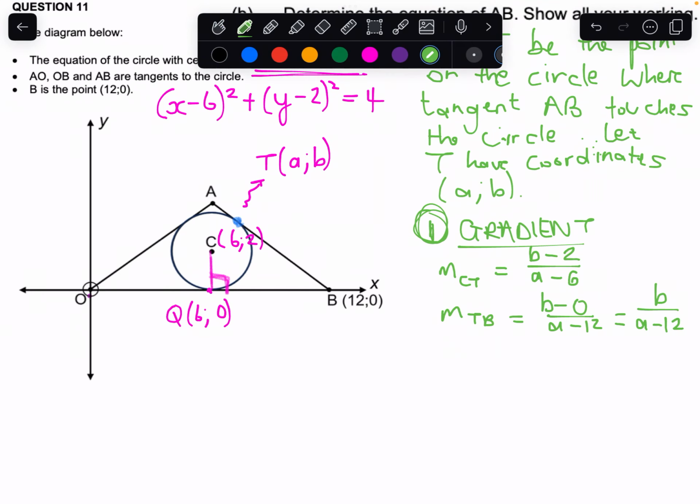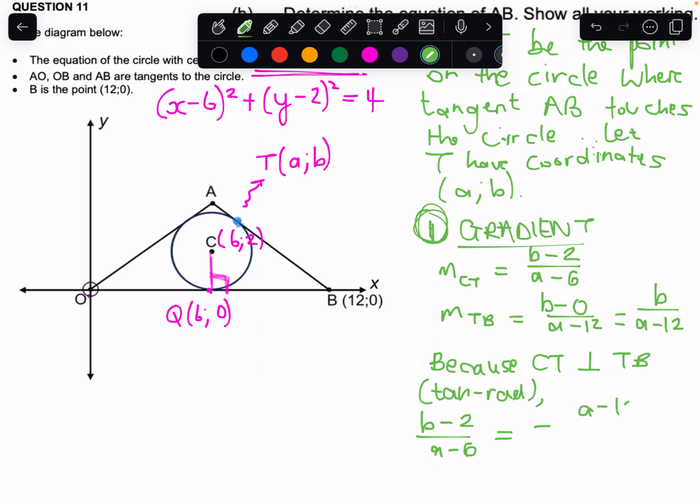And what do we know? We know that CT is perpendicular to TB, and that's because of the tangent, right? We then know that b minus 2 over a minus 6 is going to be equal to, flip these around and slap a negative in front of it, right?